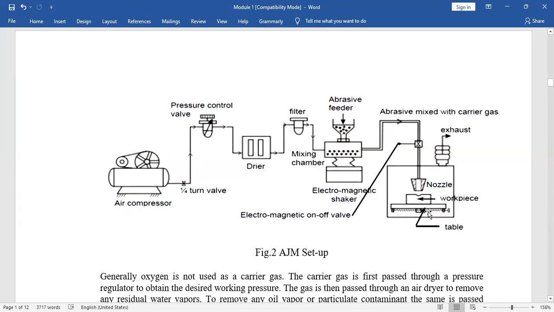You can move the workpiece with the help of this table, and here the exhaust gas goes out. Some abrasive particles will be collected at the bottom of this chamber. So this is your AJM setup.